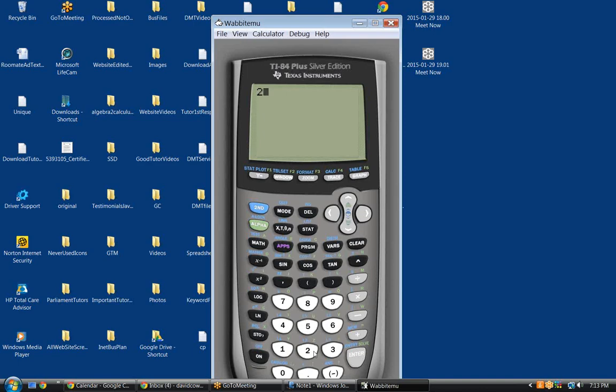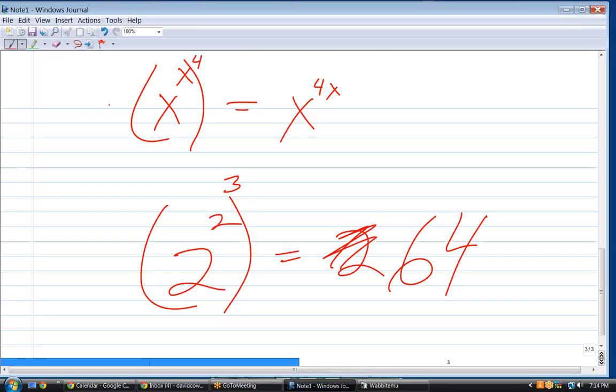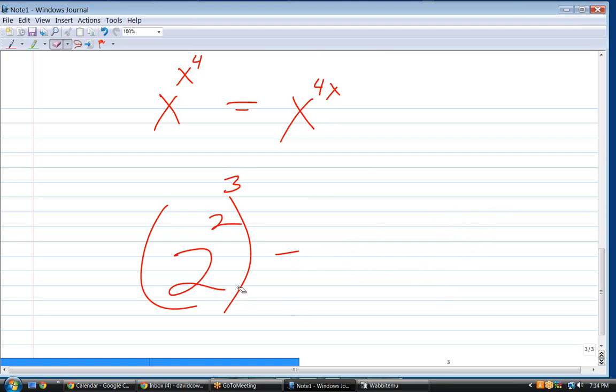We just put 2 raised to the 2 raised to the 3. Let's see if we get 64. Yeah, we do, even if we don't put parentheses. Therefore, I guess without the parentheses, it doesn't matter. That's still true. X to the x to the 4th is equal to x to the 4x, the same way that that is equal to 2 to the 6th.